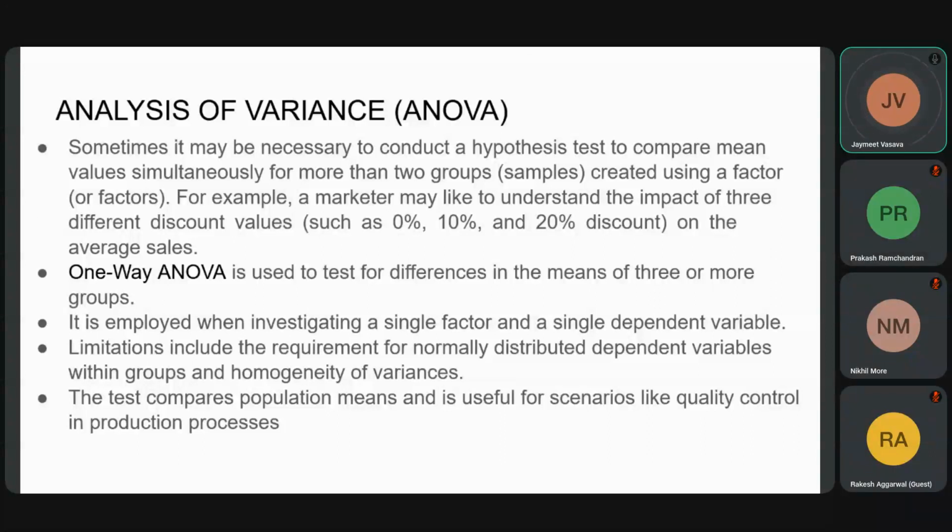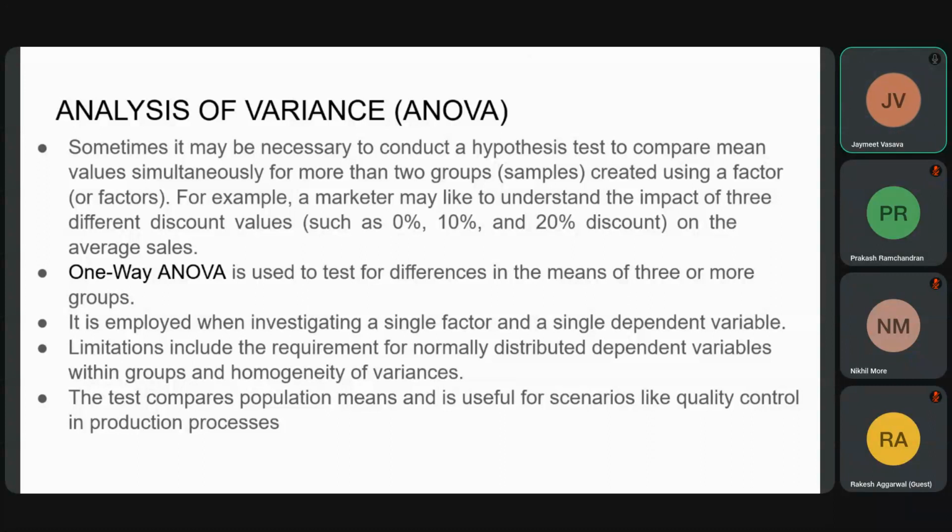For example, there is a discount on the same product, but the types of discounts are different, as stated, 0, 10%, 20%, and we want to see what the changes of sales are for different discounts, 0%, 10%, and 20%.